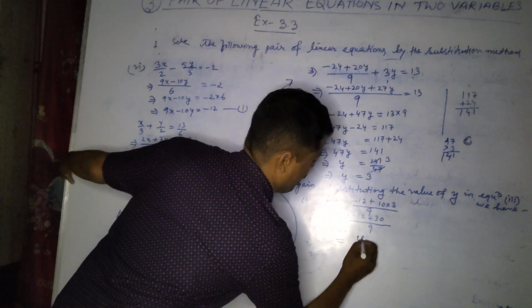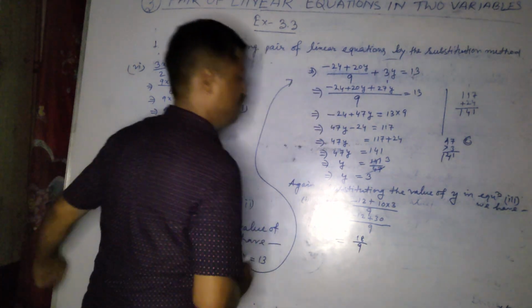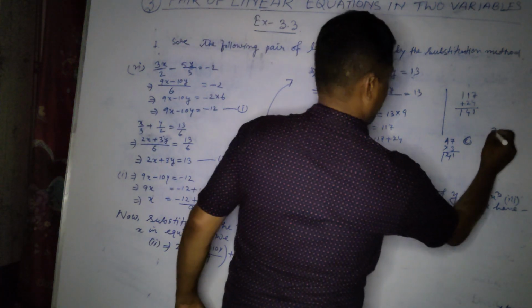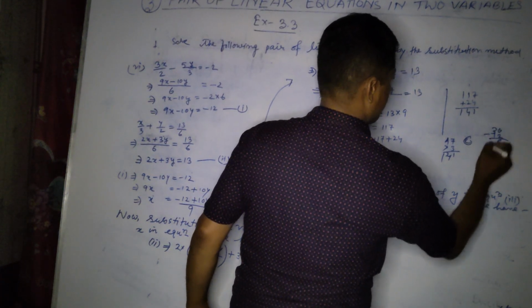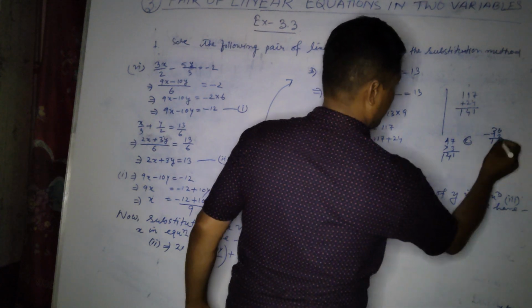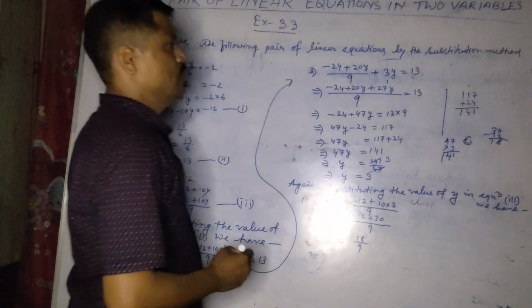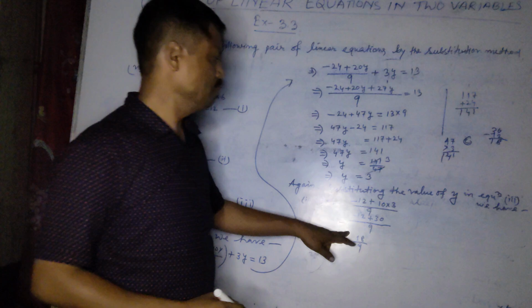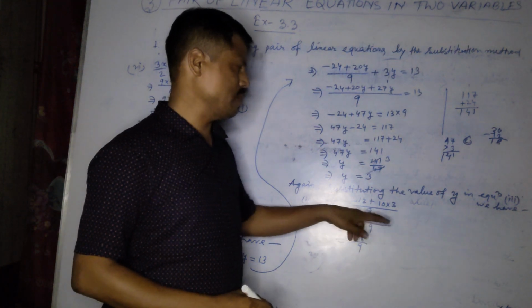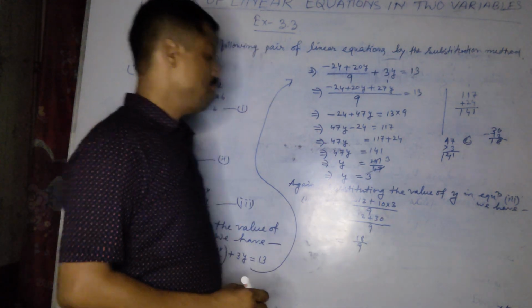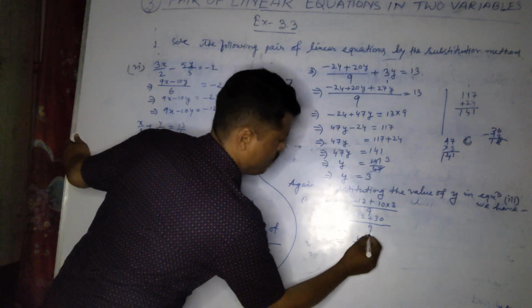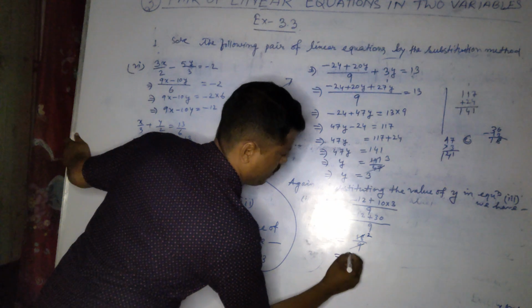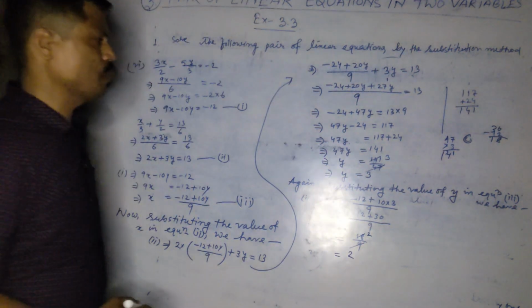Yes, 18 by 9. Minus 12 plus 30, then we get 18 in positive by 9. Then how many times? 2 times. So here the x value is 2.